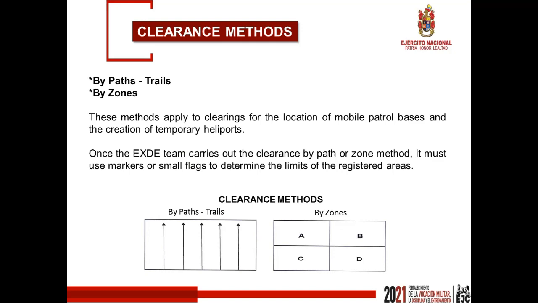For example, when we need to check one heliport, or one area that is very, very extensive, very, very long. In this case, we use 2 or more EXDE groups by zones.